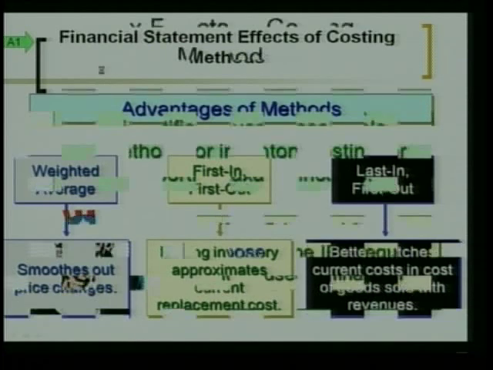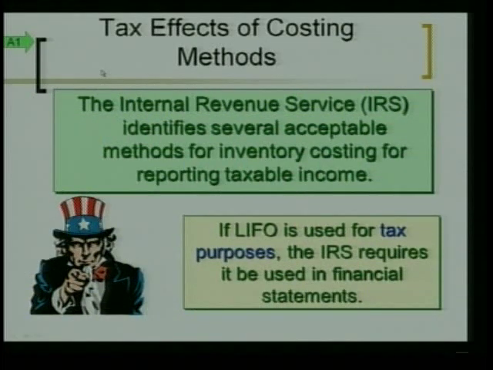Now, to further complicate things, you can actually use one method for books and a different method for your taxes. Now that seems illegal, doesn't it?